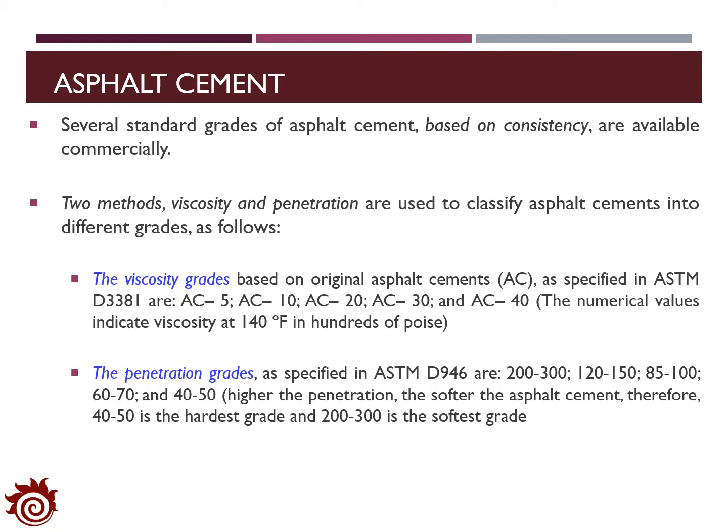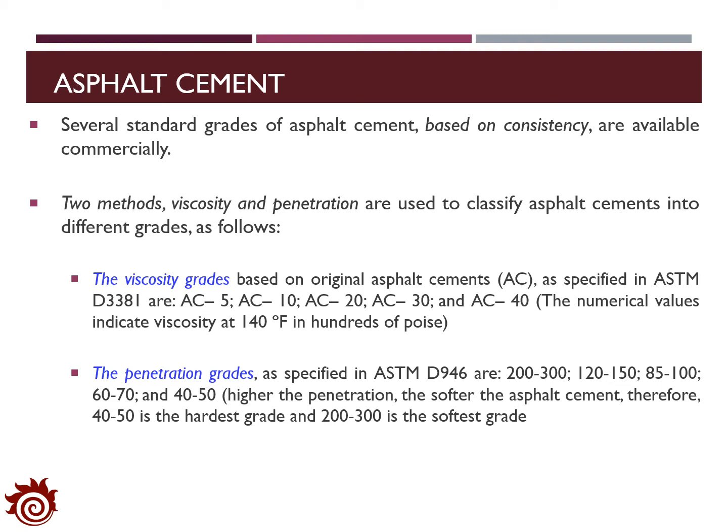Based on consistency in viscosity and penetration of the asphalt cement, we can classify the materials into several standard grades. There are actually two methods based on these two types of the consistency for the classification. If we use the viscosity grades, then we can classify the materials into 5 groups based on the ASTM D3381 standard. We have AC 5, 10, 20, 30, and 40.